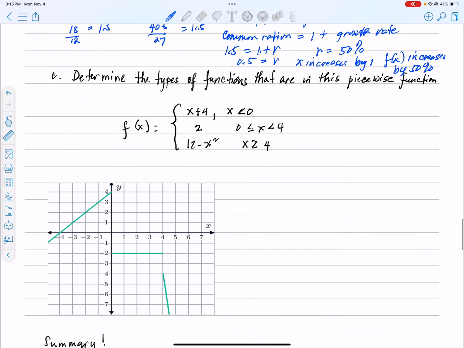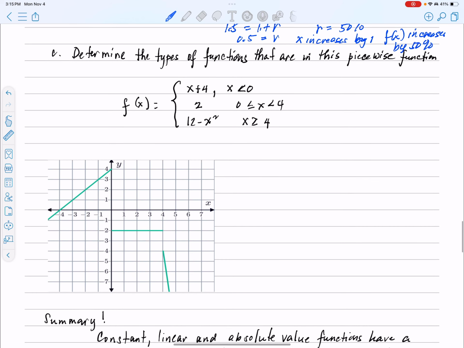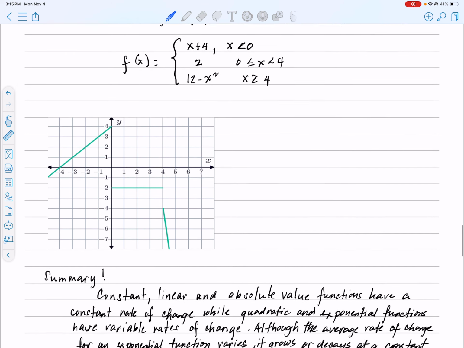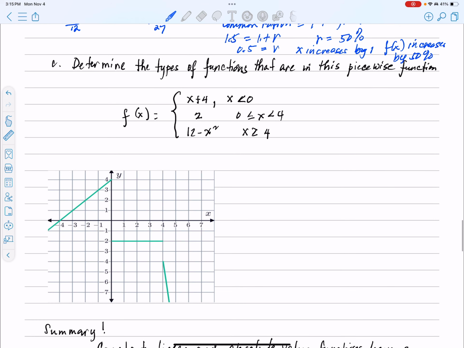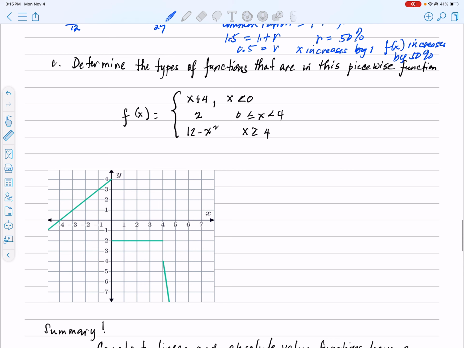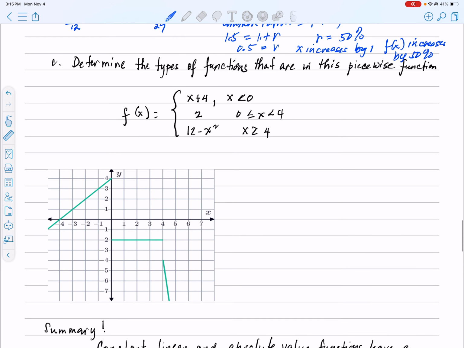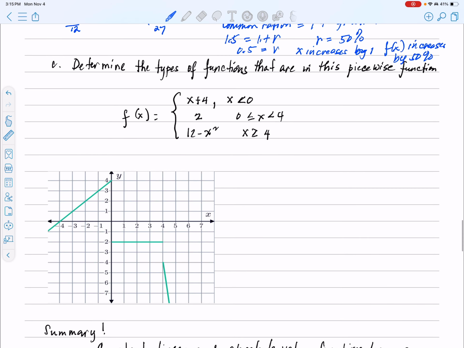All right, let's have question 3. I hope you can remember the piecewise function. You are given more than one function, so 2 or 3 or more. Okay, there are 3 types of function that make up the piecewise function. In this piecewise, what are these 3 types?